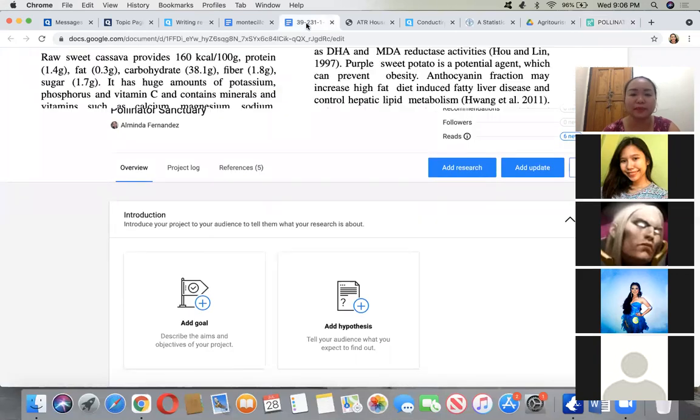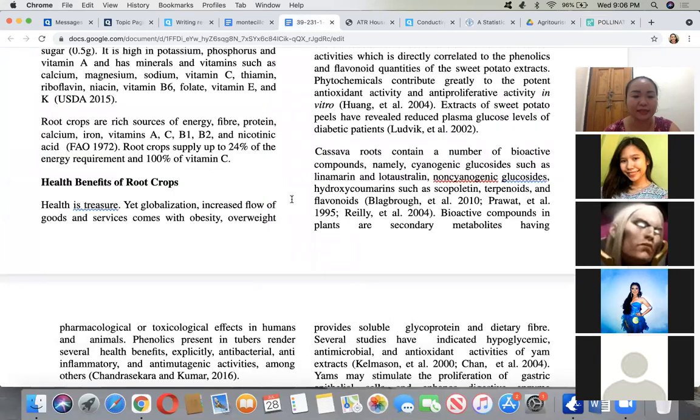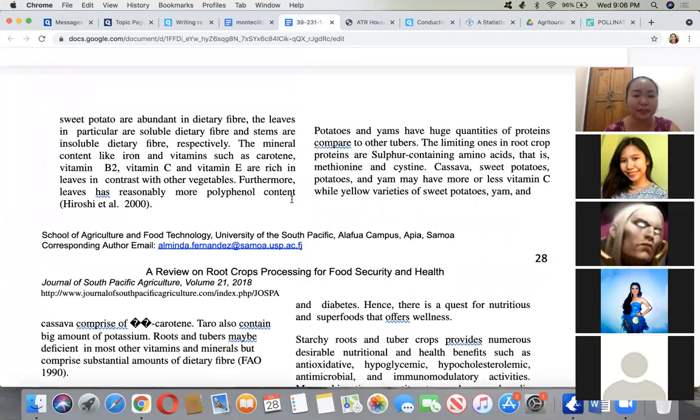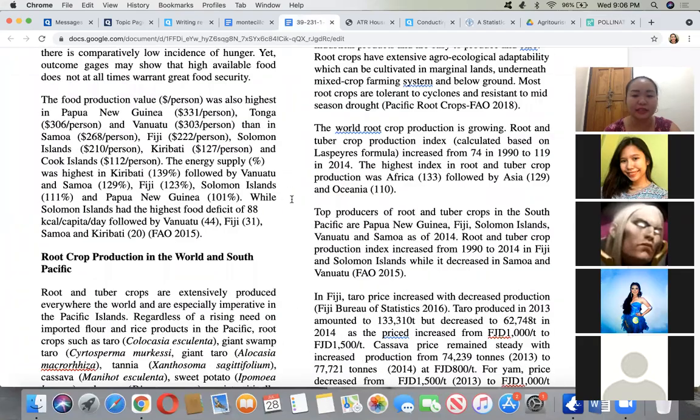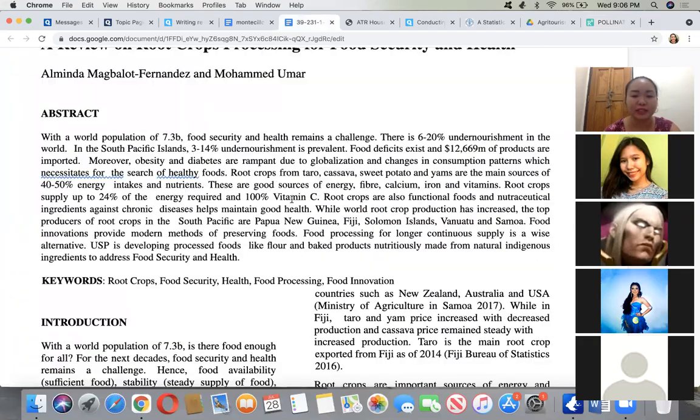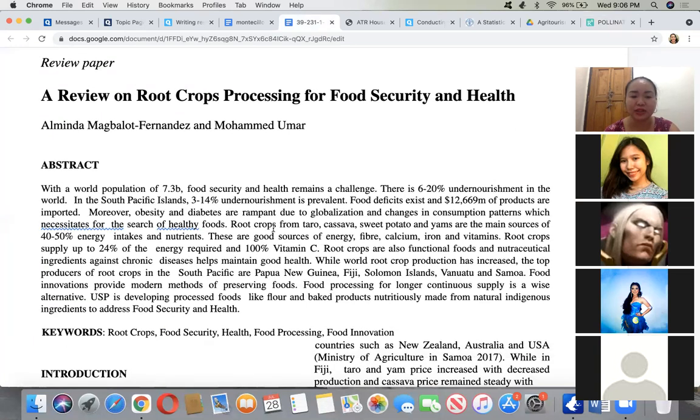So anyway, going back here, since we have limited time, these are the subtopics. As I have said, you can see the abstract is very short. So what are the findings, or what do I want to point out? I have stated here that we are already 7.3 billion around the world. However, there are still hungry people with nothing to eat.